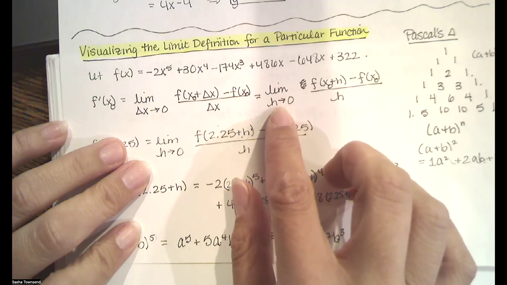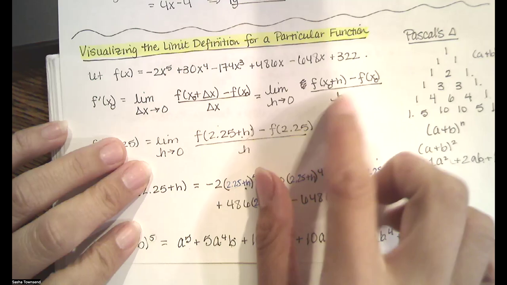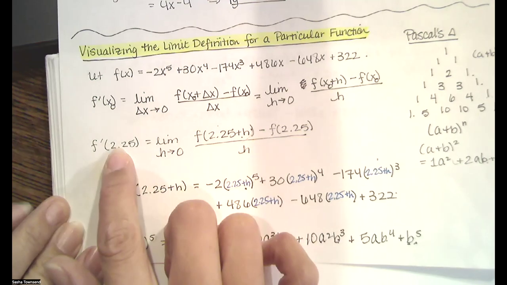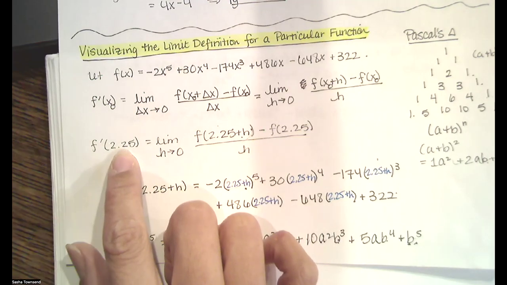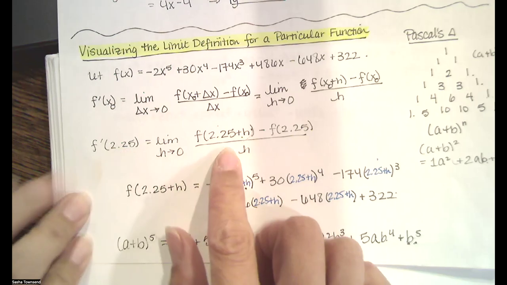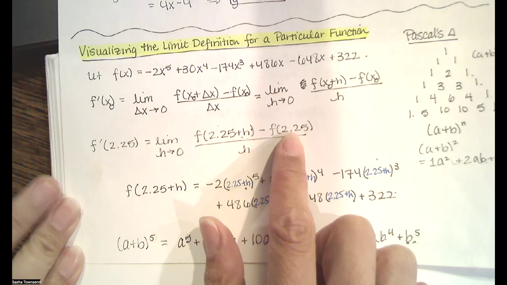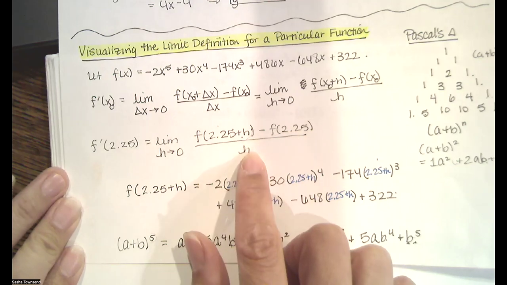So we're going to use the limit as h approaches 0 of f of x naught plus h minus f of x naught, divided by h. In this case, x naught is going to be 2.25, just because it was a nice point where we could find the tangent line. We're going to substitute 2.25 and h into that function, subtract f evaluated at 2.25, and divide by h.